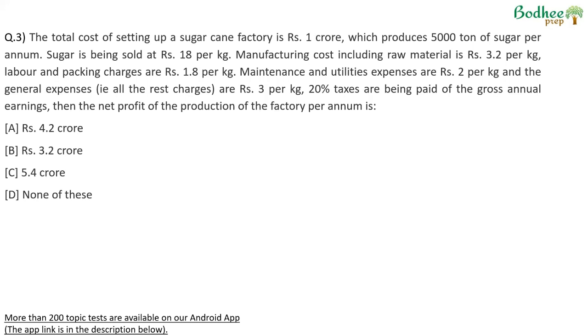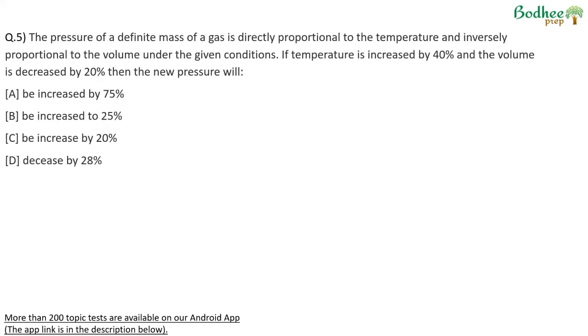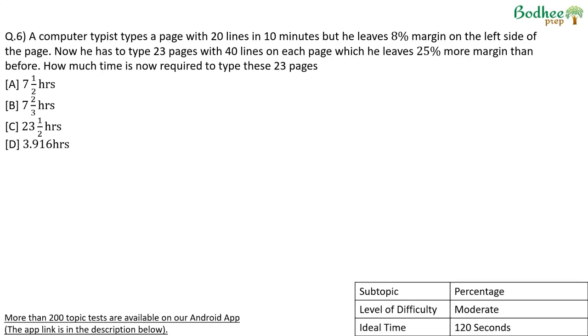You might want to take a call on this, but for me, this was a question I would have done because just putting the formula gave me the answer. This also, just two multiplying factors, dividing them gives a new multiplying factor, which is the answer. Here, there was a chance of a mistake happening because 25% more margin is something that, at least if I read it the first time, I might miss out the word more.